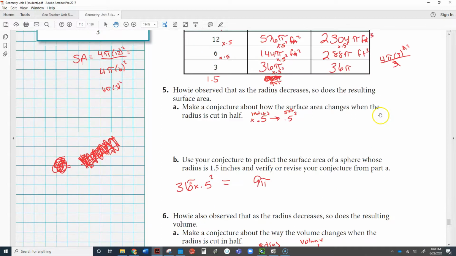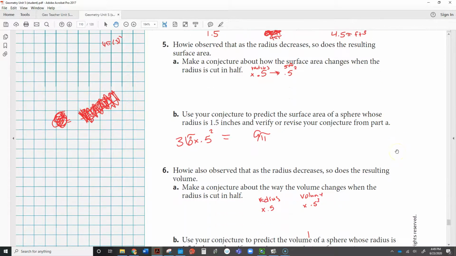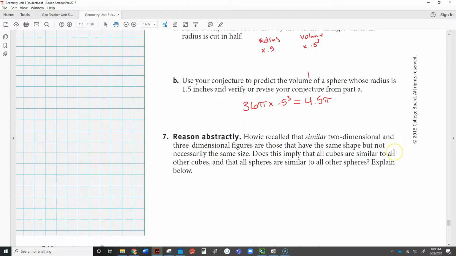And that's what would go right there, 4.5 pi, and of course that's feet cubed. And again, the reason that I needed to cube my 0.5 is because the dimensions are cubed. So the change happened 3 times.